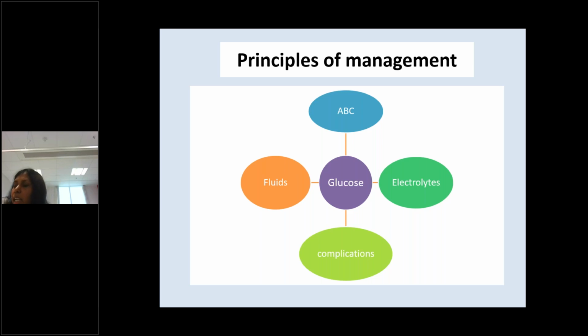The complications can be in the form of electrolyte imbalance, or if it is associated with sepsis, or close monitoring for them developing cerebral edema, so that we can identify that early. And there are other severe complications or different types of presentation, which we can look at in the later slides.